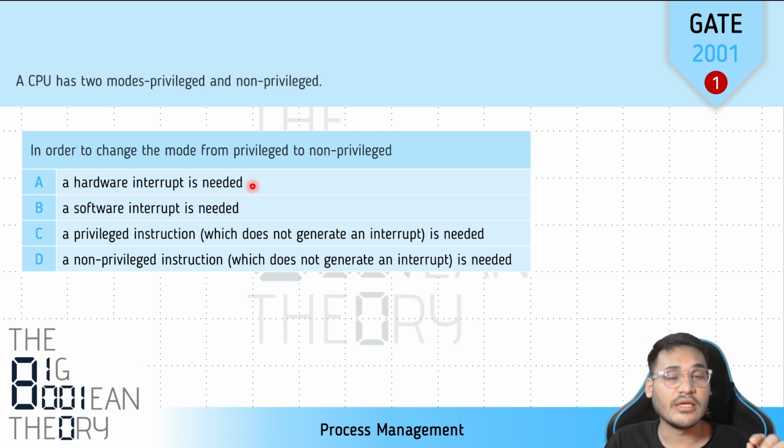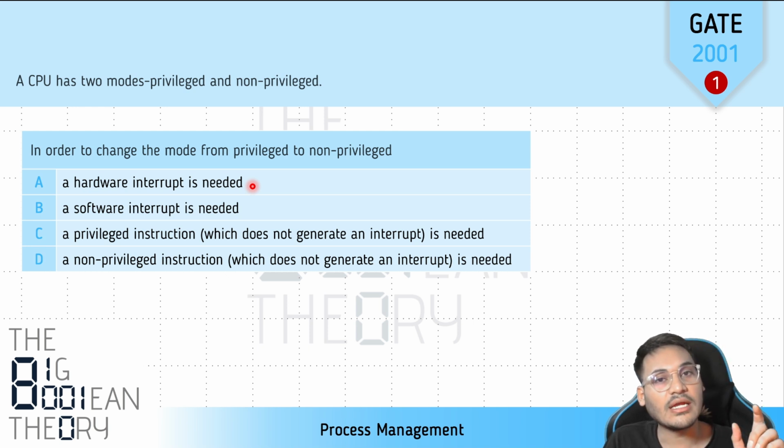This signal is used to notify the CPU that there is an event that needs immediate attention from the operating system. And when the CPU detects this interrupt, it immediately halts the current user process. It stops whatever it was doing and transitions the control of the CPU to the operating system.